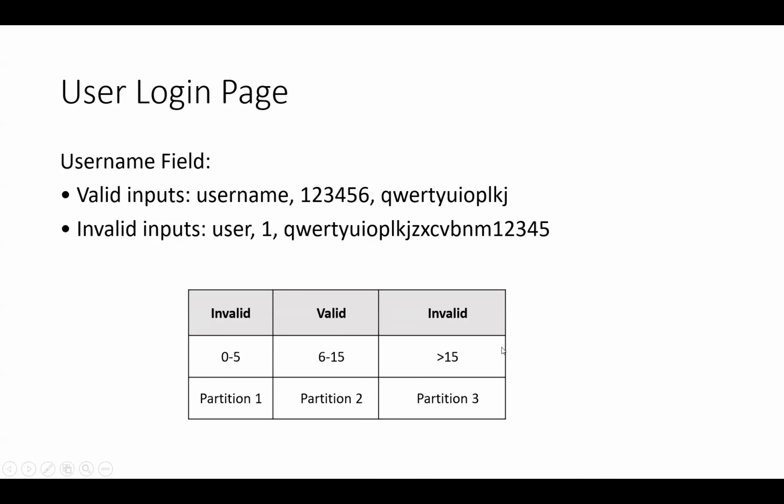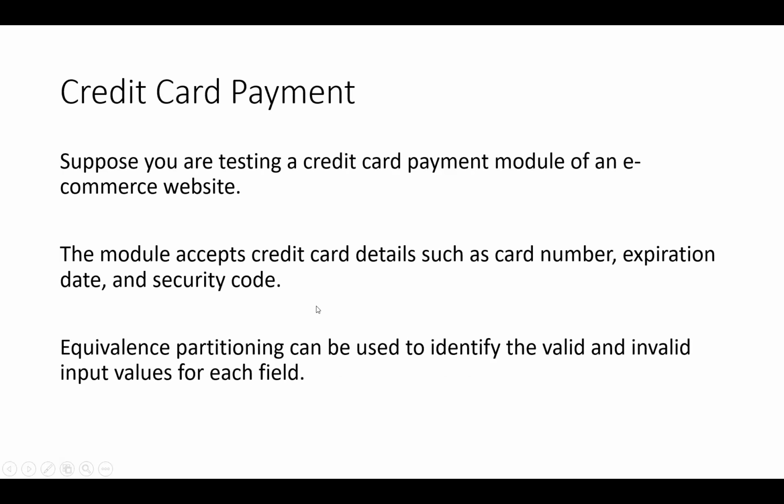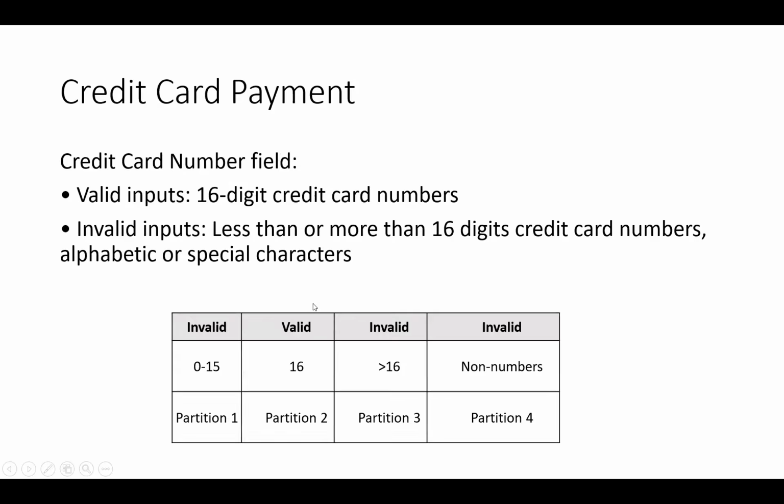So for you all, it will be a similar table you can do. Just state the valid ranges and invalid ranges. But very important, I want you to put the partitions: partition 1, 2, 3, and if it has a fourth one, partition 4. Similarly, we looked at the credit card number.